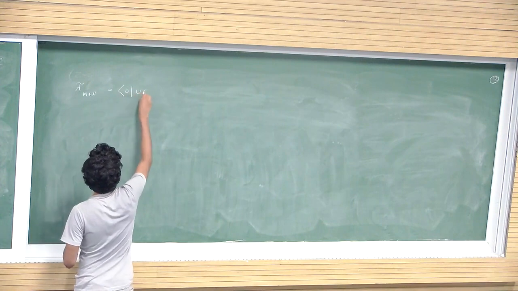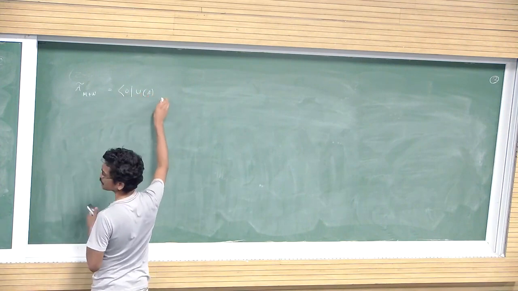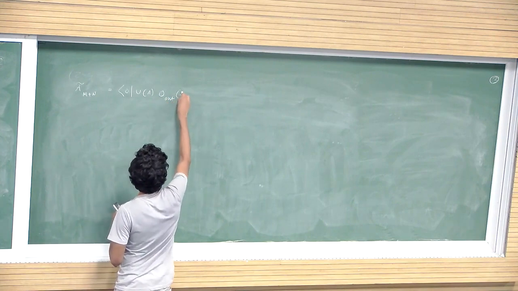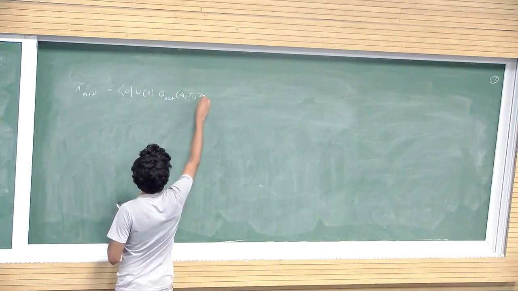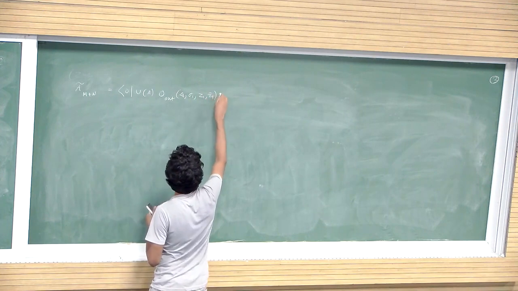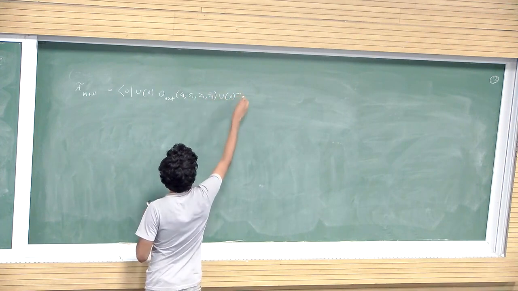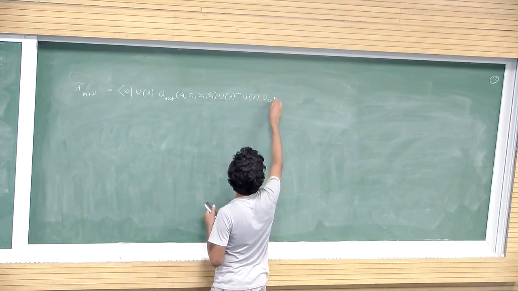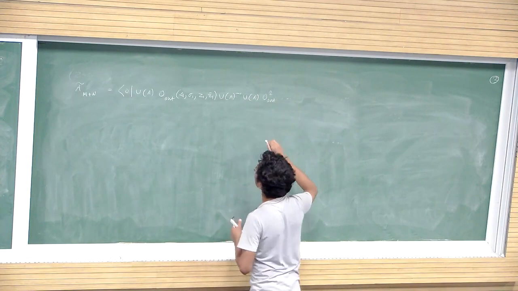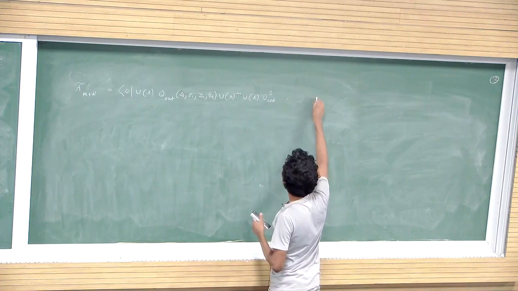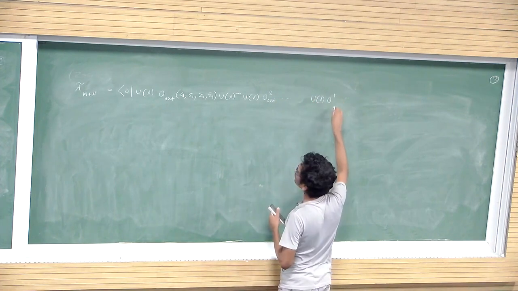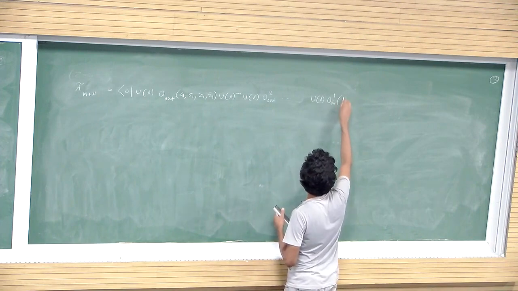Now you make a transformation this way, u lambda, say O out, this is delta 1, sigma 1, z1, z1 bar, u lambda inverse, then again this O out, something like this, and then again for all these things, like for the in operator, u lambda O dagger in, delta.